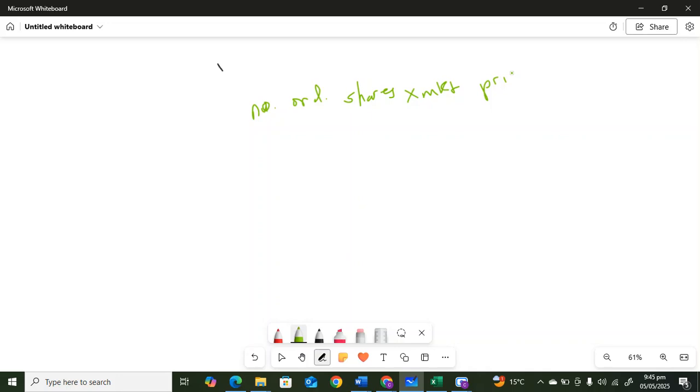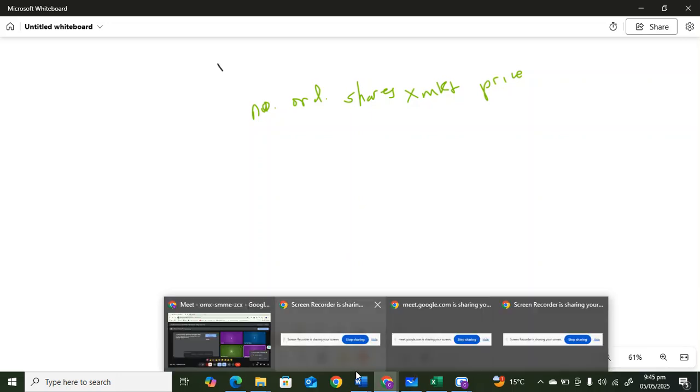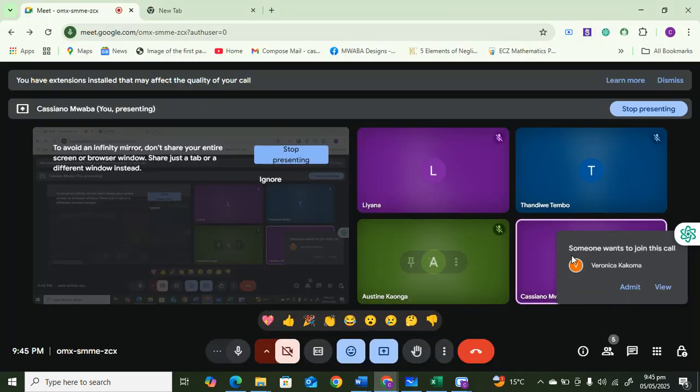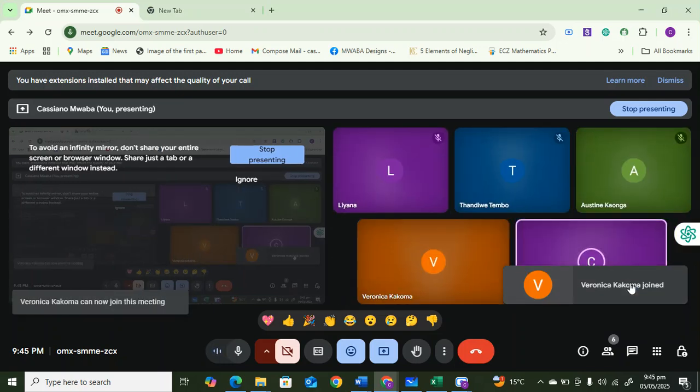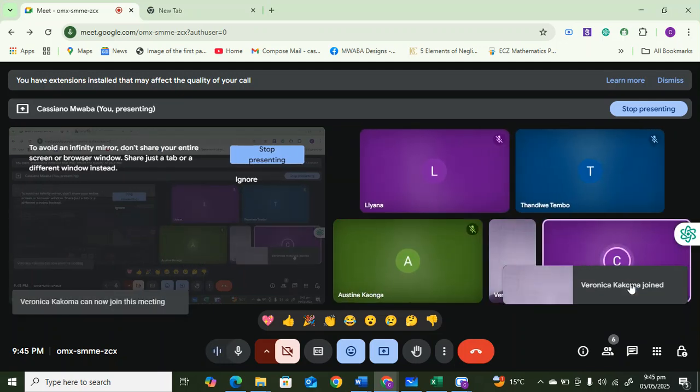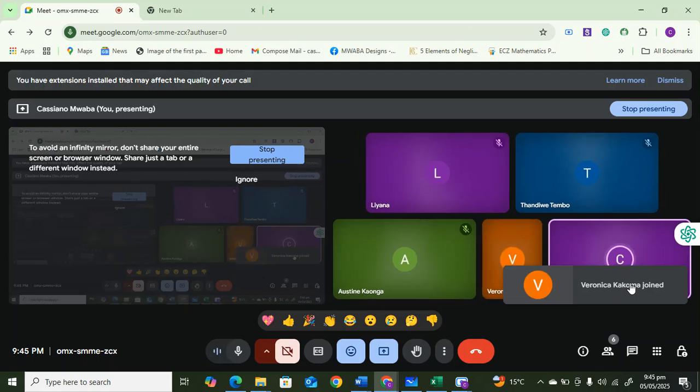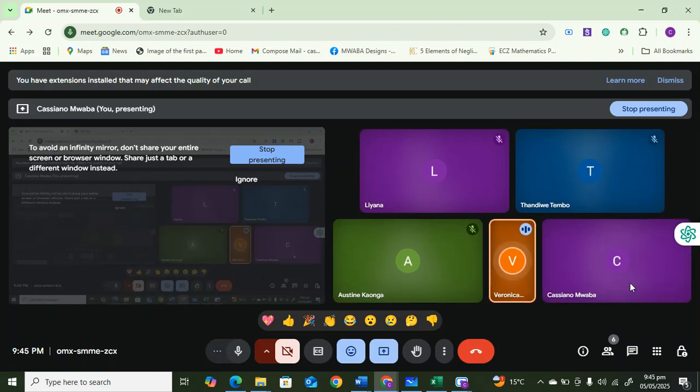For preference shares, it's the number of preference shares times the market price. So for debentures, what will we say?